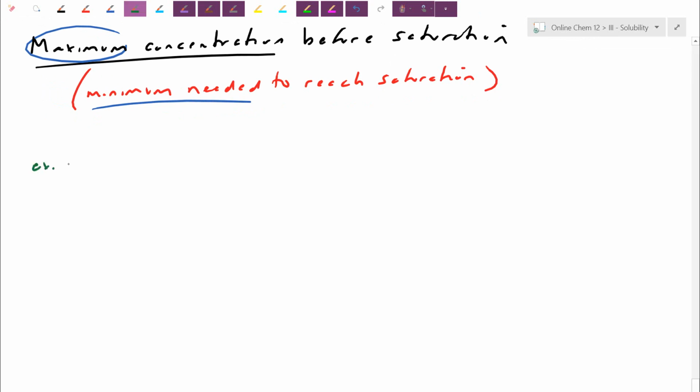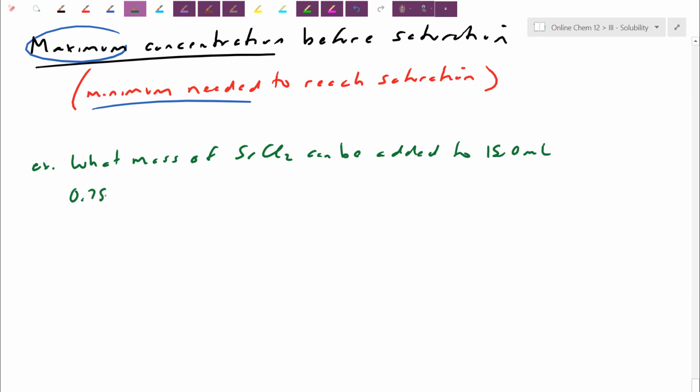I want you to find out for me here what mass of strontium chloride can be added to 15 milliliters of 0.750 molar sodium carbonate solution. I'll make it simpler for you here, before saturation.